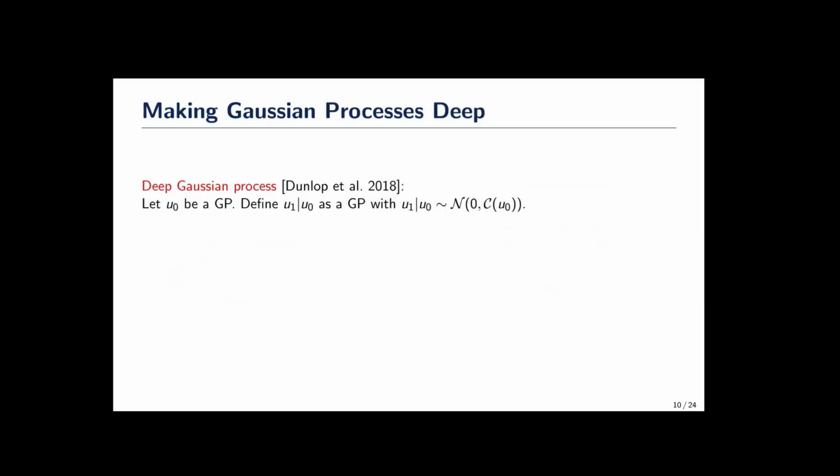So deep Gaussian processes are called deep because they build a hierarchy of Gaussian processes. So the way we construct them is we start with one Gaussian process, in this case U0, and then we define the next Gaussian process U1 that depends on our original Gaussian process through this relation, where the covariance structure now depends on the values of the lower Gaussian process.